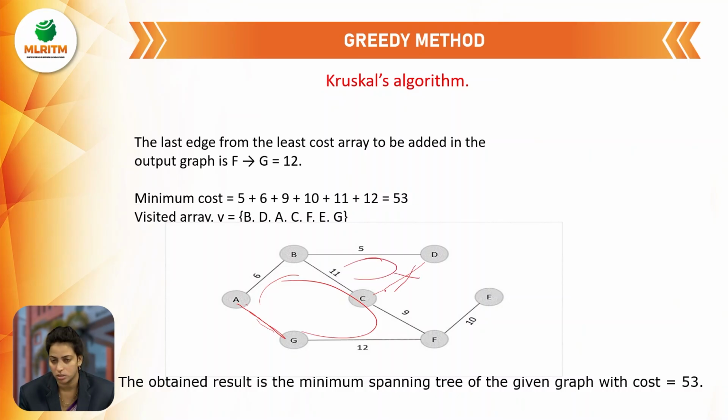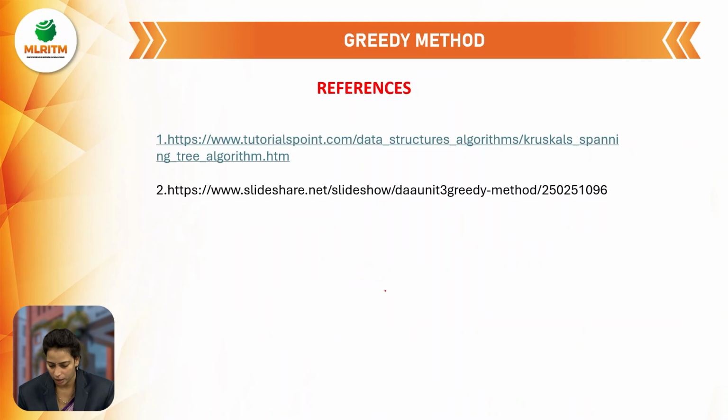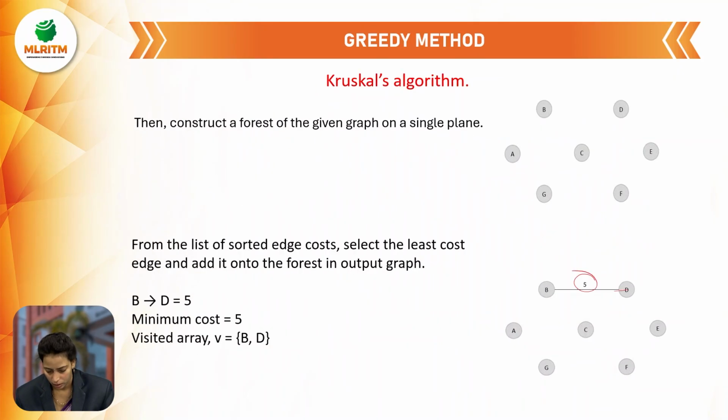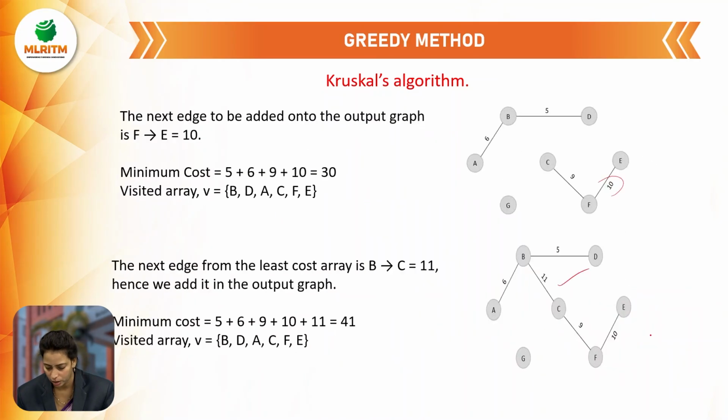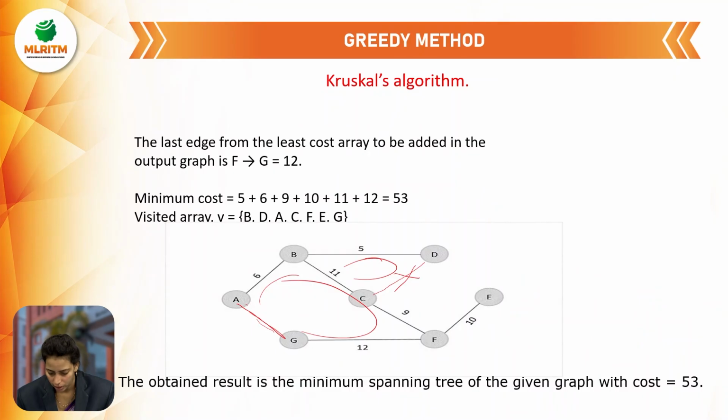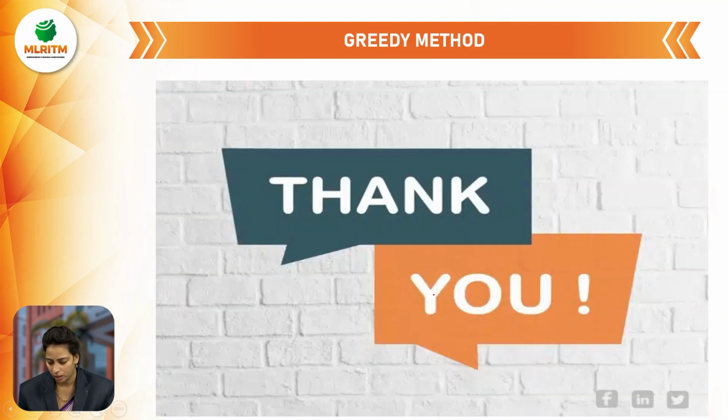So discard this edge also, right? Next, D to E. What is the cost of D to E? 22. If we add D to E into the spanning tree, it forms a cycle. So discard this edge also.